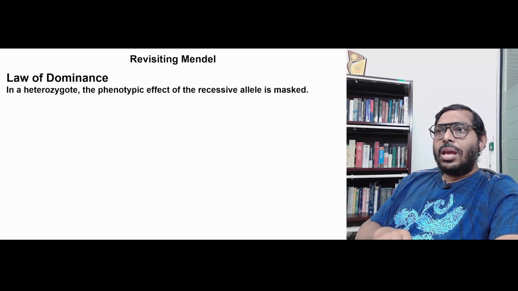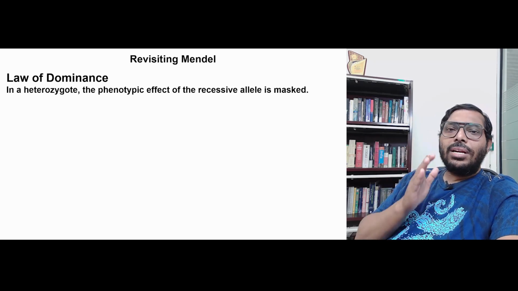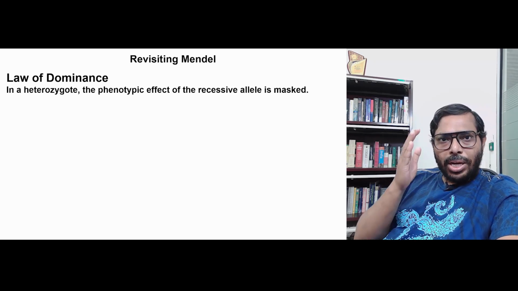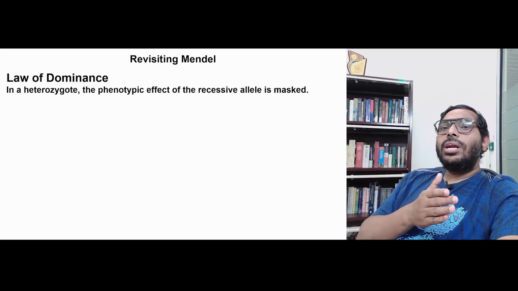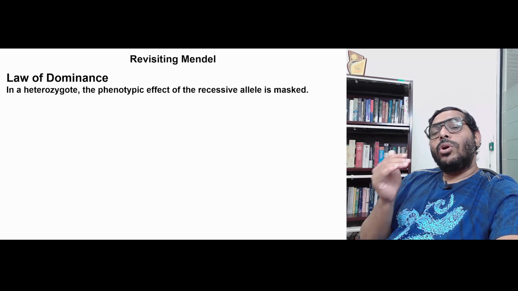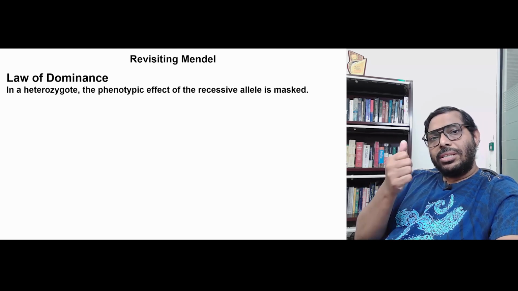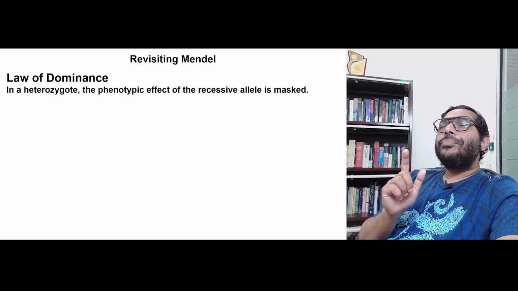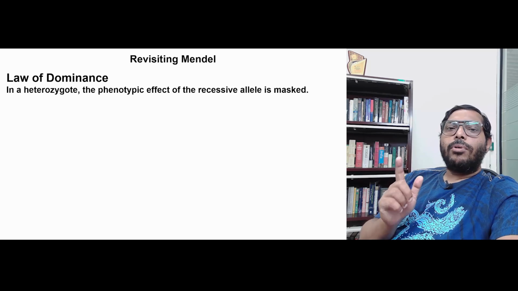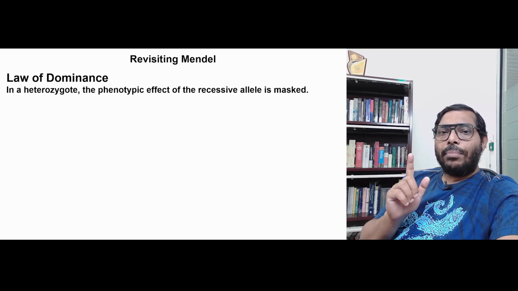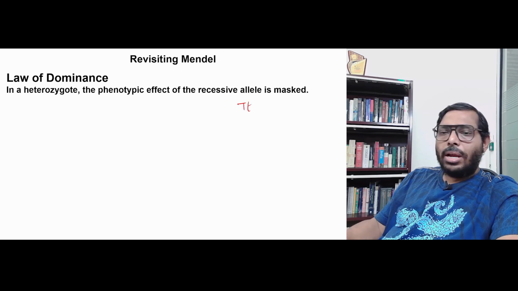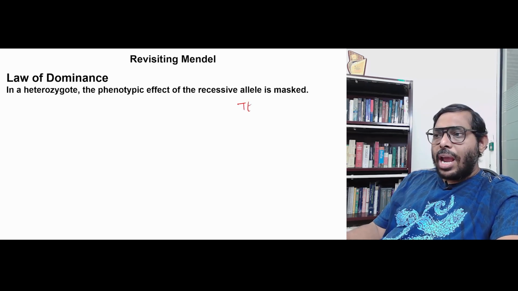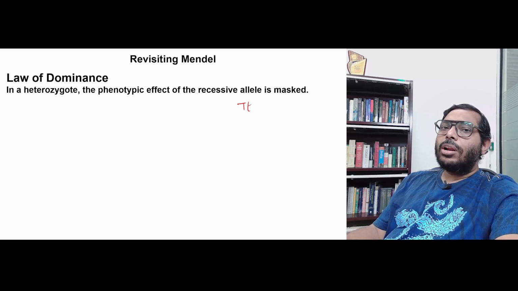In other words, if you have, let us say, the capital T plants being tall and the small t plants being short, then when you cross the capital T plants with the small t plants, in the next generation, the F1 generation, the genetic makeup of all the individuals will be capital T small t. So, they are going to be the heterozygous form, yet phenotypically all of them are going to be tall.